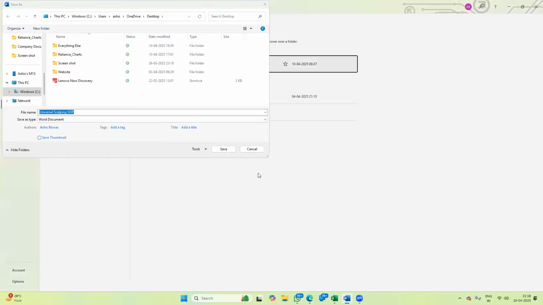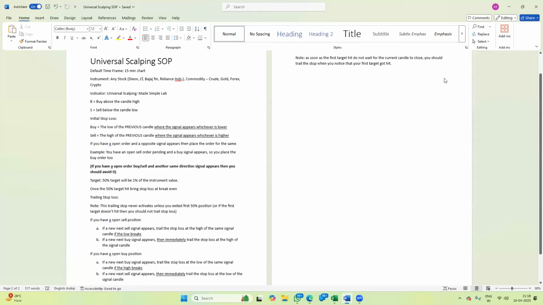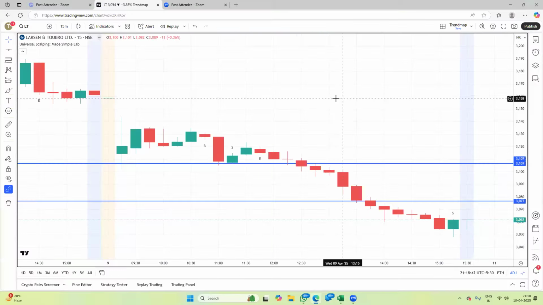Is this strategy already in algo, or is it a manual one? It is work in progress in algo. The trailing stop loss part is pending.